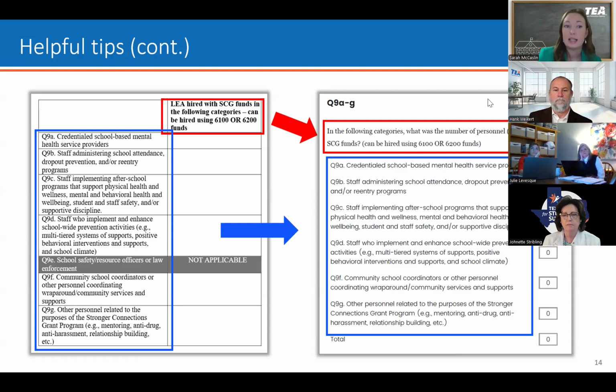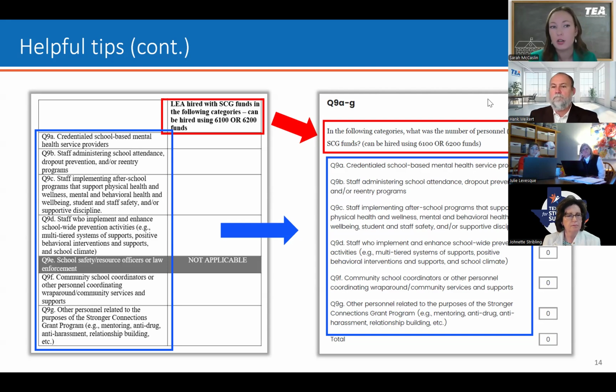So if you did hire credentialed school-based mental health service providers, then you would indicate how many. In this instance, we ask that you round to the nearest half FTE. And we also ask that you determine best fit.